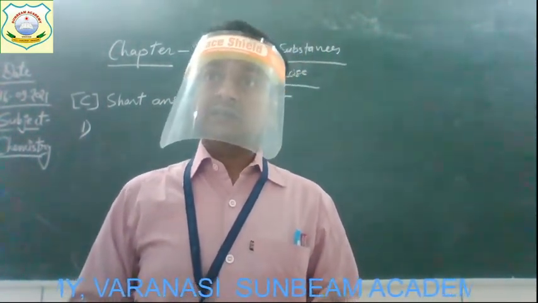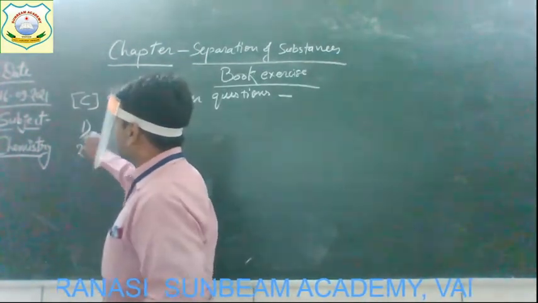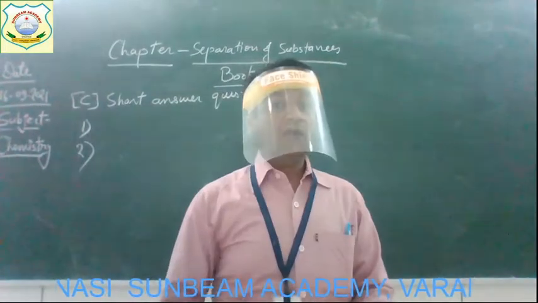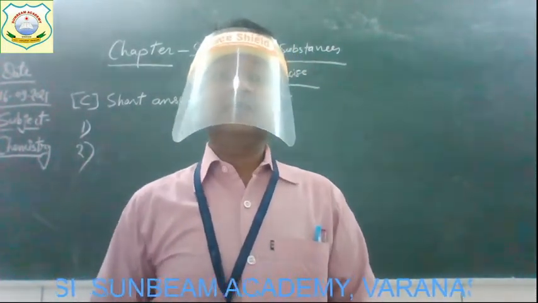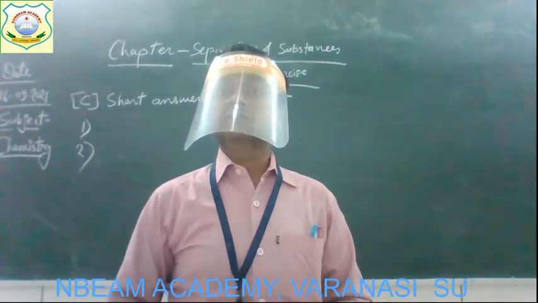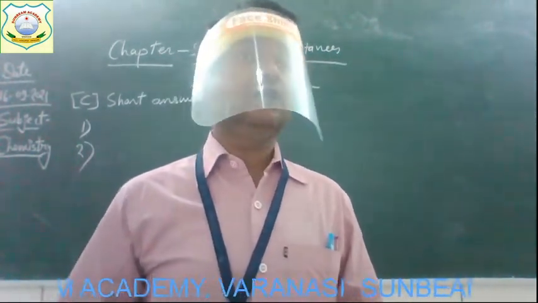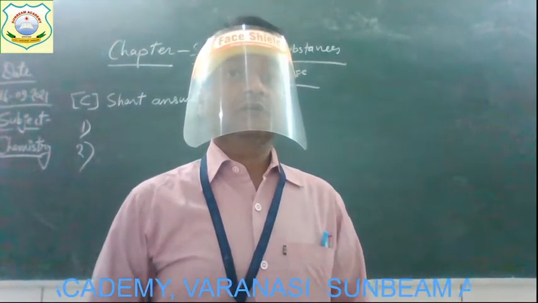Alright, everyone. Now come to the next question, number 2. The question is, what is the principle used in the separation of a mixture? How can we separate a mixture?